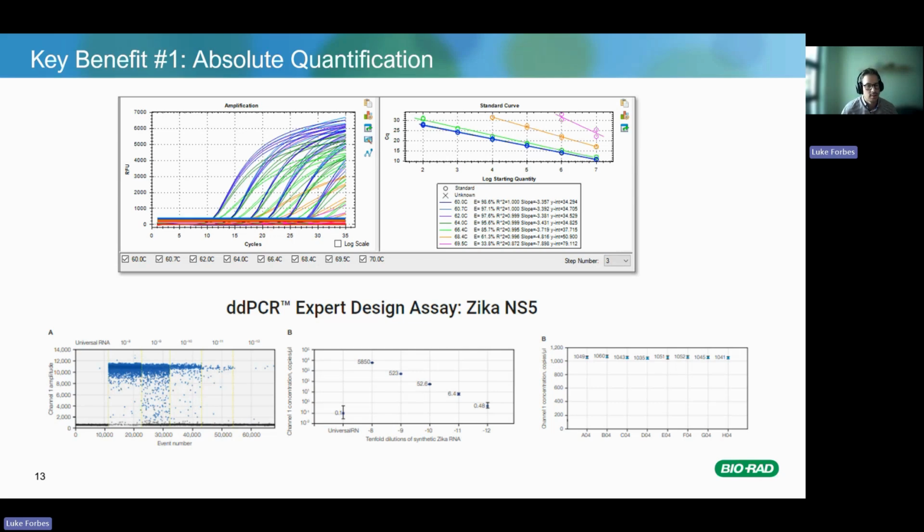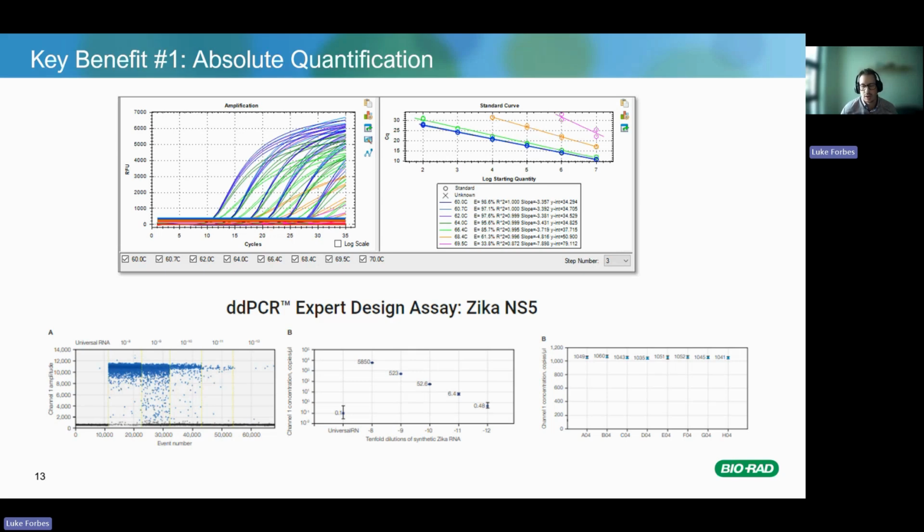Now, if you look at the same assay when run in ddPCR, there are no standard curves or standards required. So the time saving factor is massive, as well as a cost saving, from running all the assay optimization and the cost of providing all those standards. You just have an absolute quantification of your unknown samples.